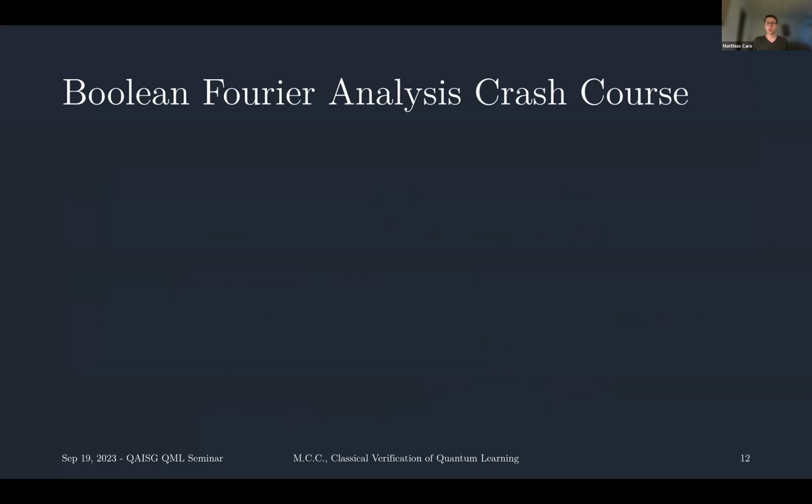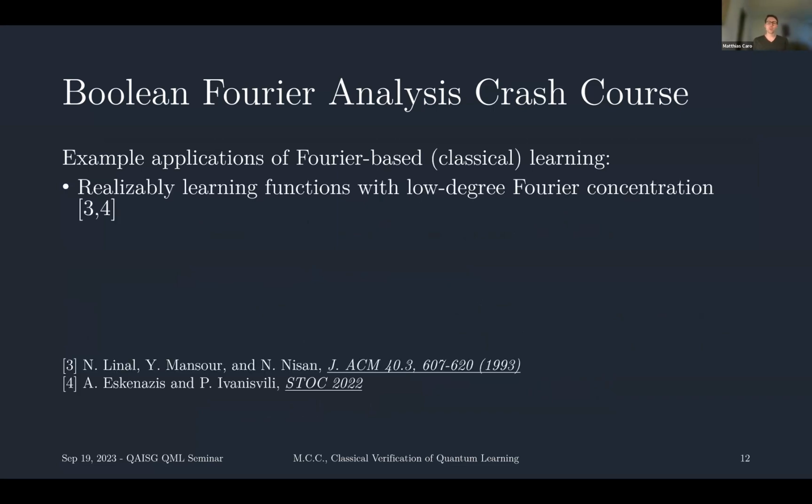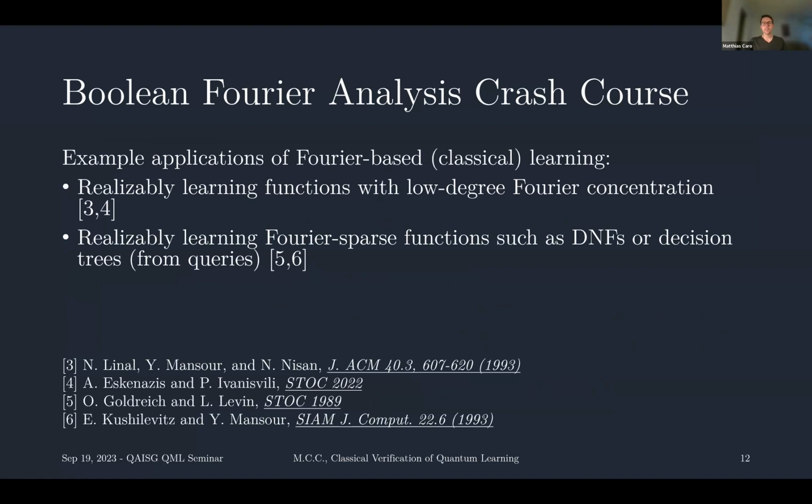And I want to show you just some examples. So how can these Fourier-based ideas help in classical learning theory? A pretty famous one is for functions whose Fourier spectrum has a low degree concentration. There's an algorithm by Linial, Mansour, and Nisan from the 90s, and a recent improvement in STOC 2022. And if you allow for a slightly different access model, so if you allow for queries, then you can learn Fourier-sparse functions such as disjunctive normal forms or decision trees.